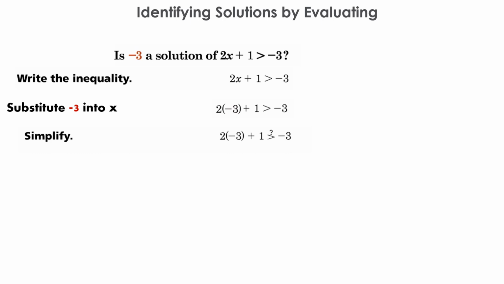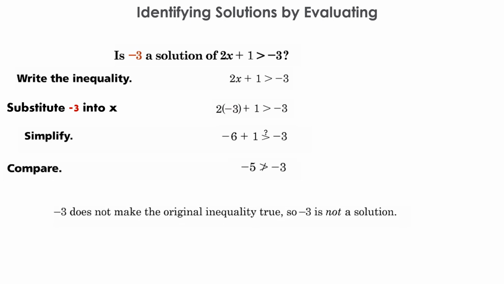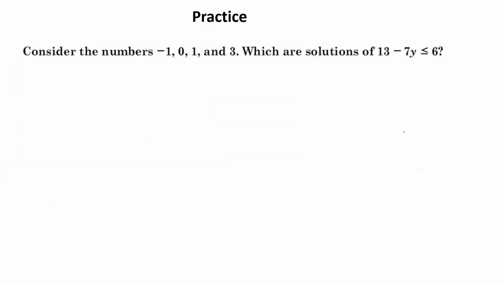After you simplify, 2 times -3 gives us -6, plus 1 gives us -5. Well, is -5 greater than -3? No, it is not. It is actually less than. So this is saying that -3 does not make the original inequality true, so -3 is not a solution.